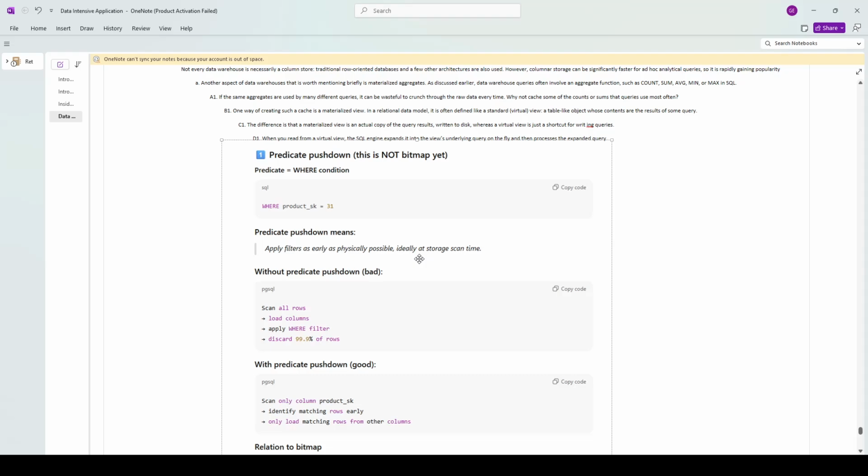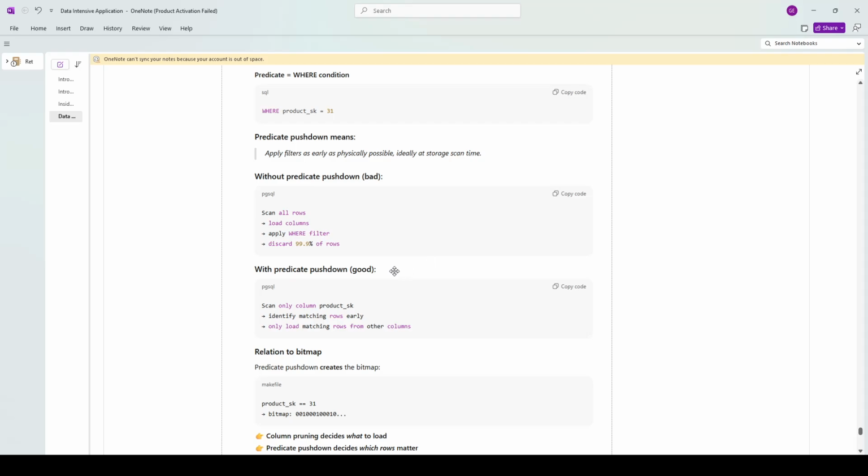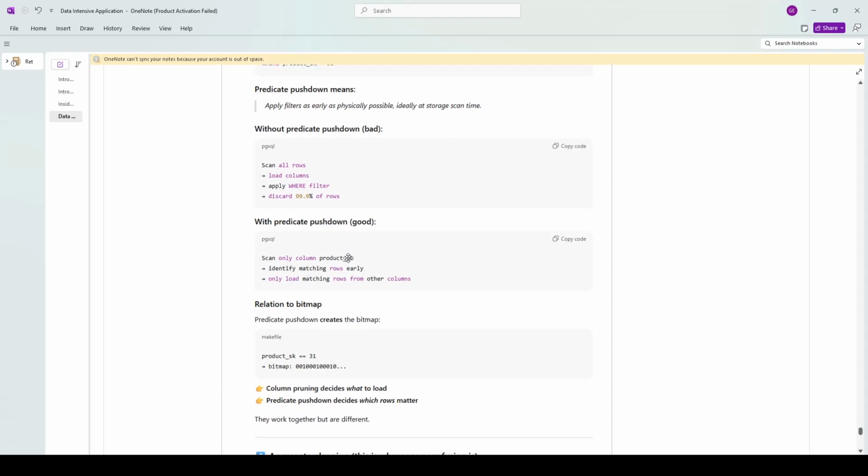So a predicate pushdown filters the search, so instead of all the rows, only the ones most important to our goals. Apply the filter as early as physically possible, ideally at storage scan time. So this is done during the scan.